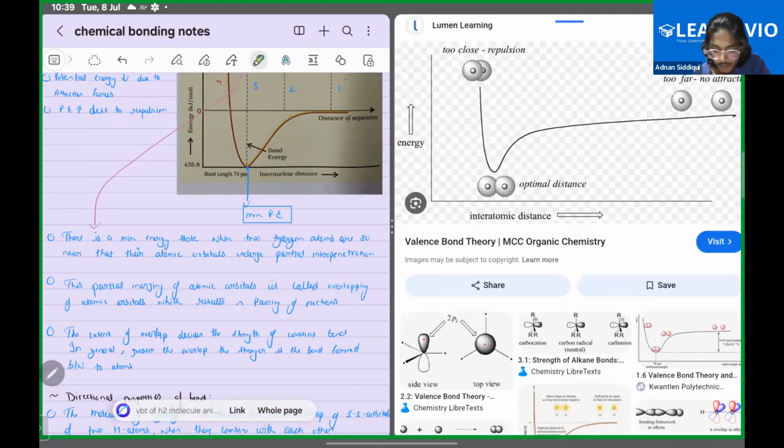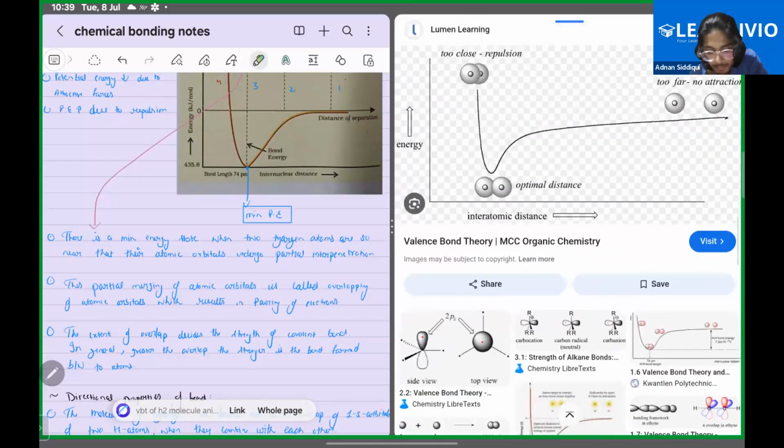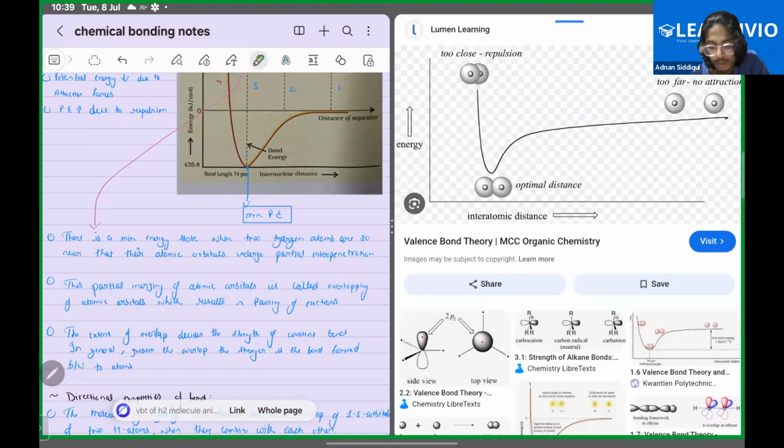At the optimal distance, the energy is minimum. But if they are coming too close, then the potential energy is again very high due to repulsive forces. When they are coming too close, the repulsive force will dominate, and hence you will see a sudden increase. Is it making a bit more sense now?